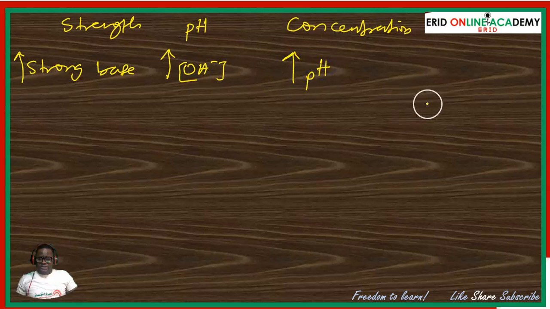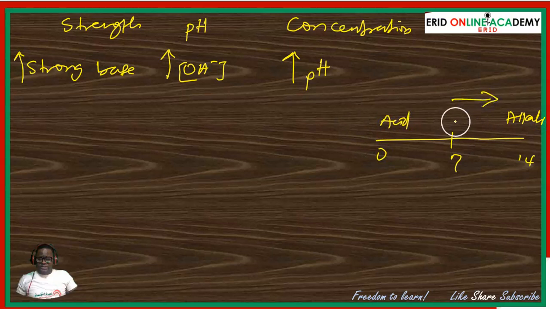A strong base has more hydroxide ion concentration, and that simply means that the pH will be higher. Remember your pH scale. This is higher pH, and this is where your alkaline is. This is lower pH, and this is where your acid is. So the higher the pH, the more the alkalinity. It's important you get this in perspective and not mix things up.